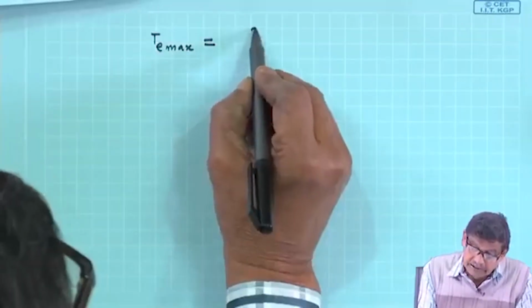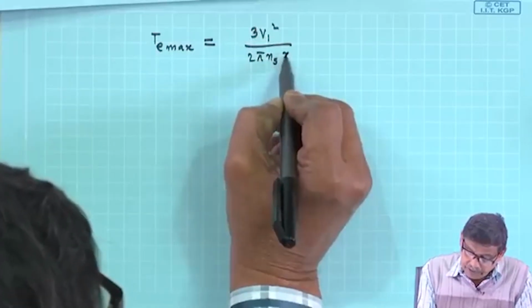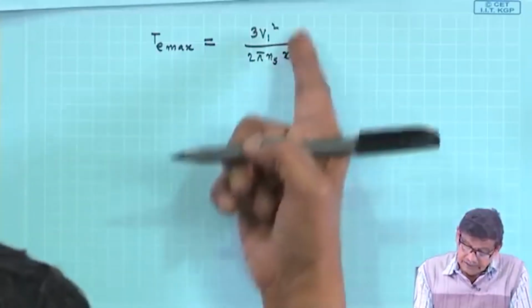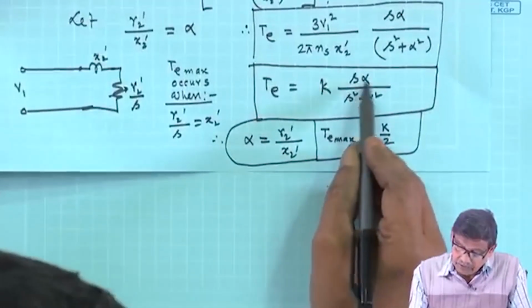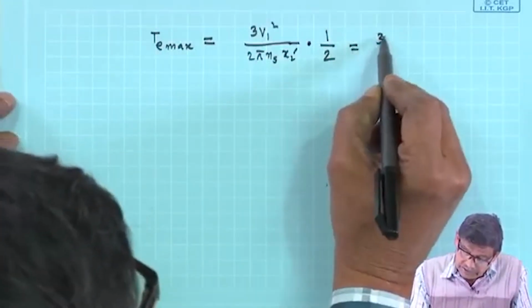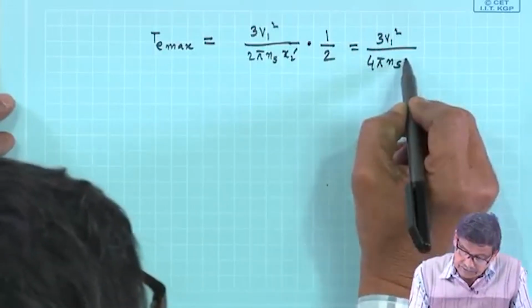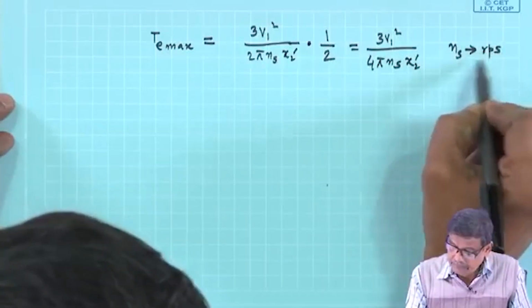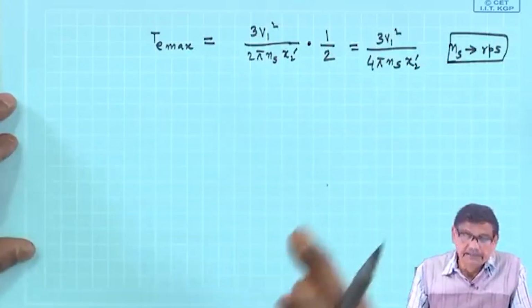It will be 3 V1 square by 2 pi ns into X2 dashed, that is this k, into half, because s equal to alpha gives you half. Therefore, it will be 3 V1 square by 4 pi ns X2 dashed. Mind you, ns is in RPS, do not put RPM, then it will be wrong.